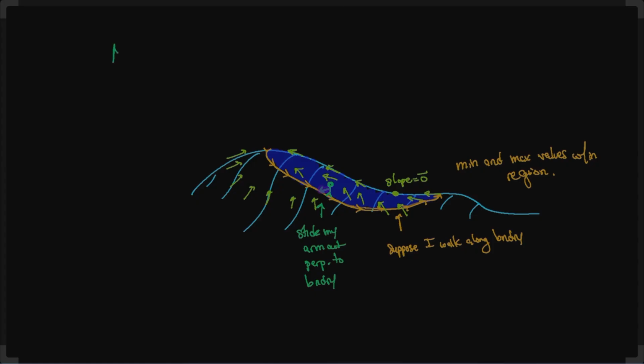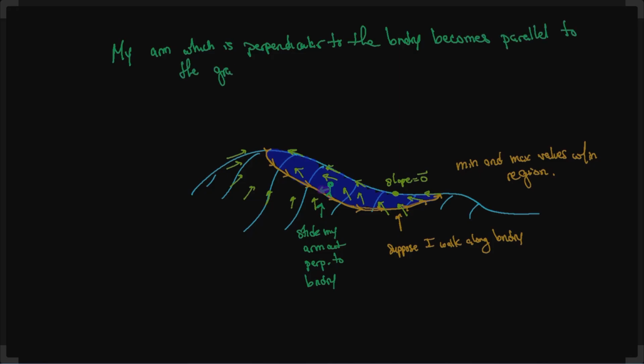So my arm, which is perpendicular to the boundary, becomes parallel to the gradient of the mountain precisely when I reach the min and max along the boundary.